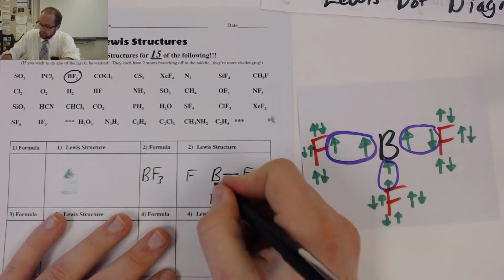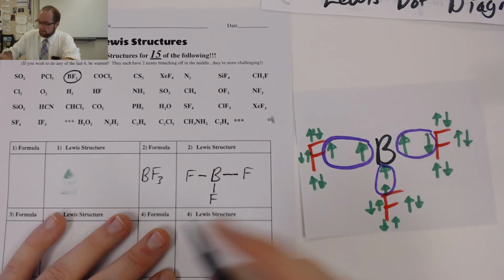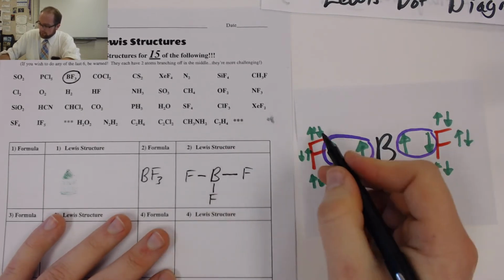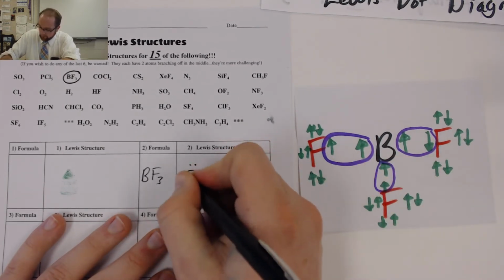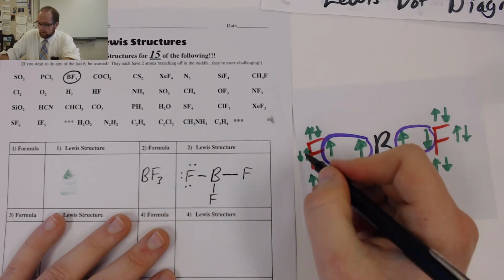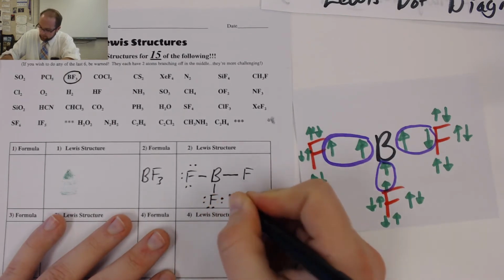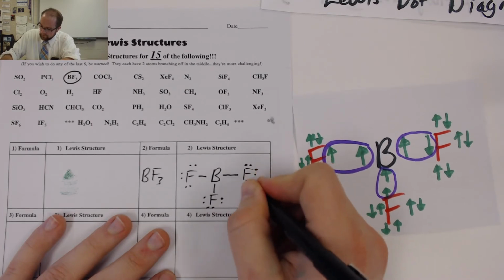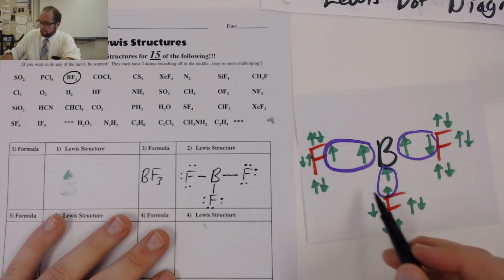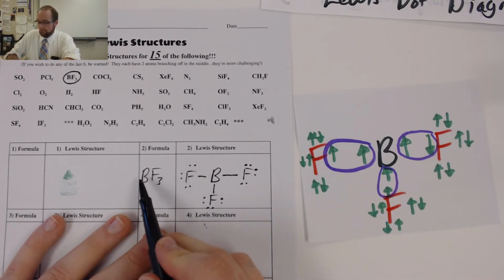Here's this one going down and going to the side. And then every single lone pair is going to get represented. So each fluorine is going to have 3 pairs of electrons. Notice how, again, we're keeping them in their bonded pairs. And we're done. We have successfully represented all of boron's electrons bonding to the fluorines to form our boron trifluoride here.